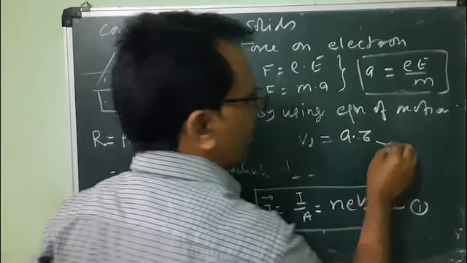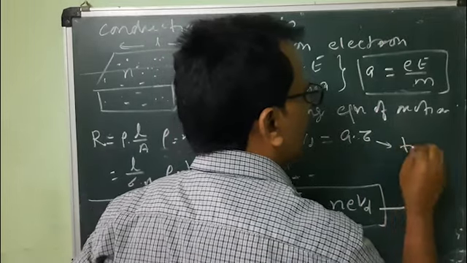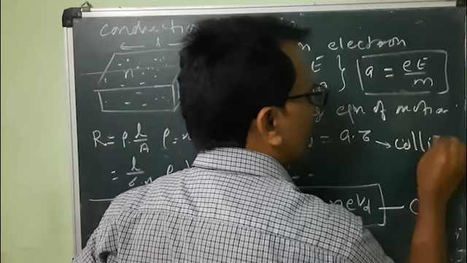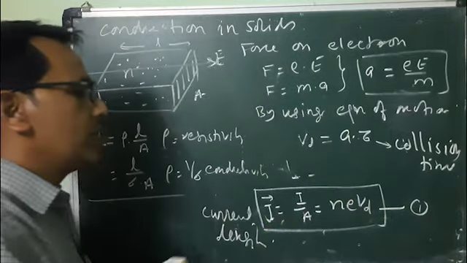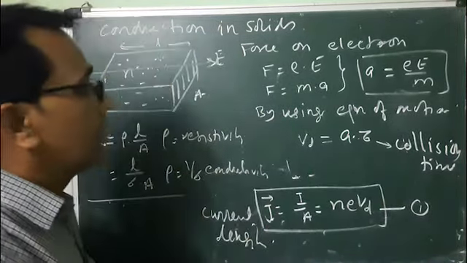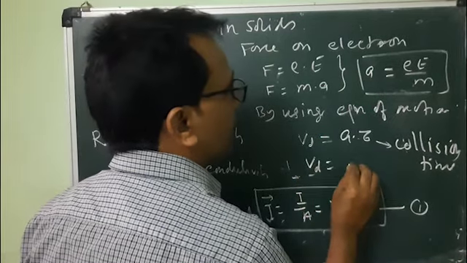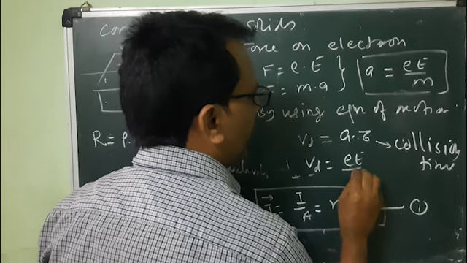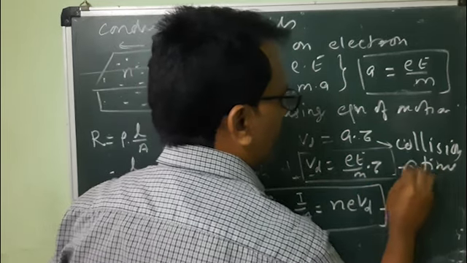Tau is the relaxation time, also called the collision time, the average time between two collisions. So Vd equals a multiplied by tau, and a is eE by m. So the drift velocity is Vd = eE tau by m. This is the second equation.